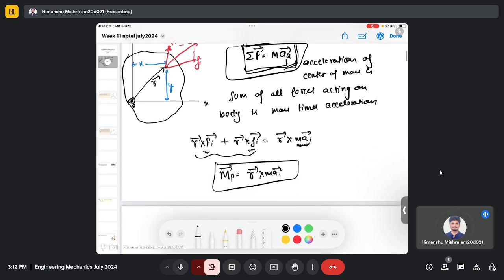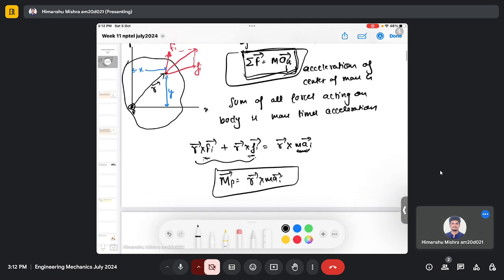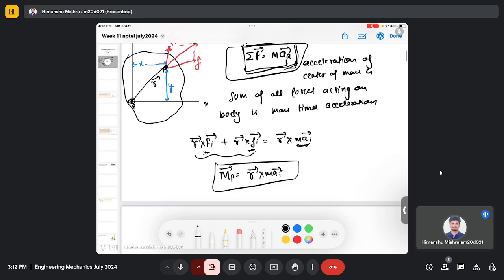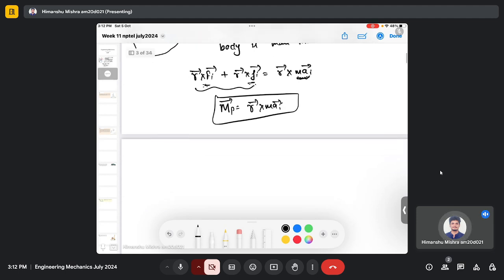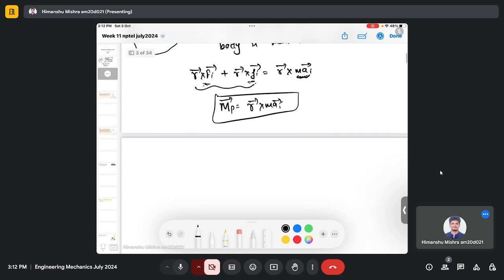Now let's say this point is moving in a curvilinear direction. In the previous tutorial we saw that if a body is moving in a curvilinear direction, then you have two components of acceleration, in the tangential direction and in the normal direction, right?